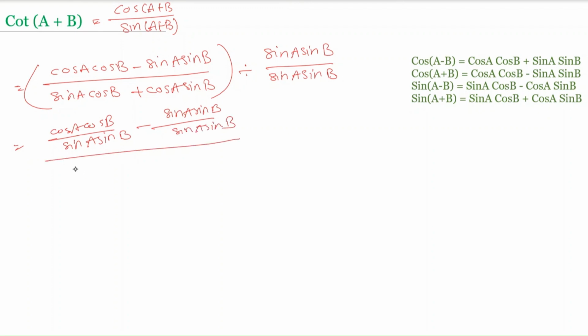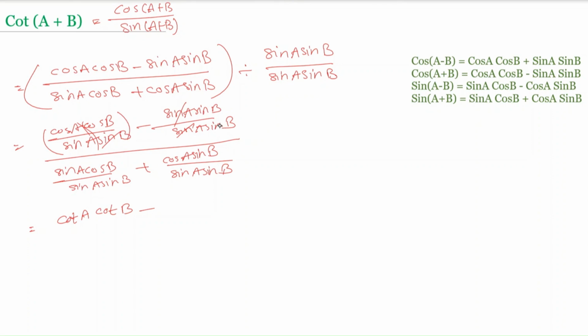Coming to the denominator, sin A cos B upon sin A sin B plus cos A sin B upon sin A sin B. For the first term, cos A upon sin A is cot A and cos B upon sin B is cot B. Then minus sin A sin B gets cancelled out, leaving 1.